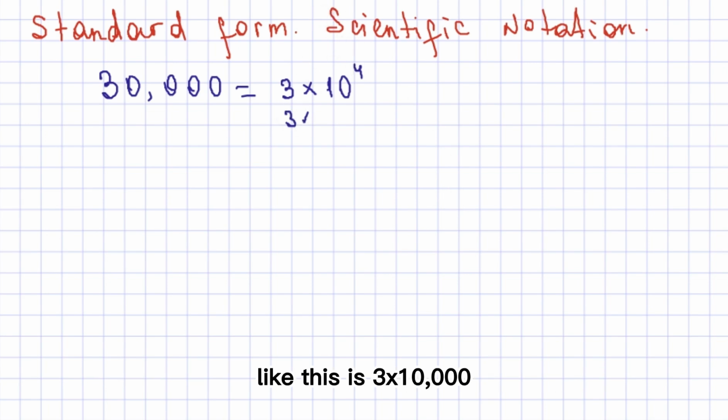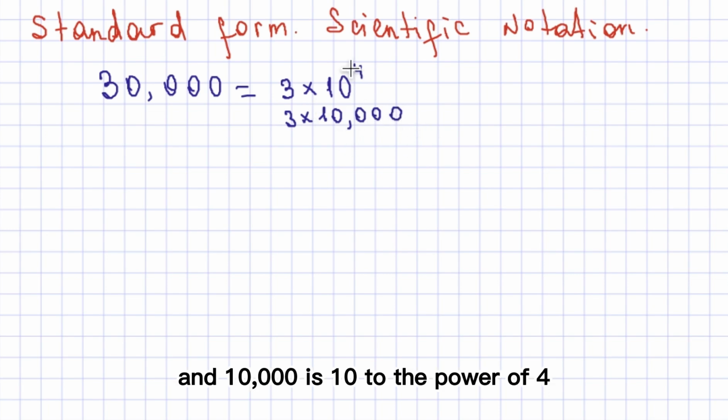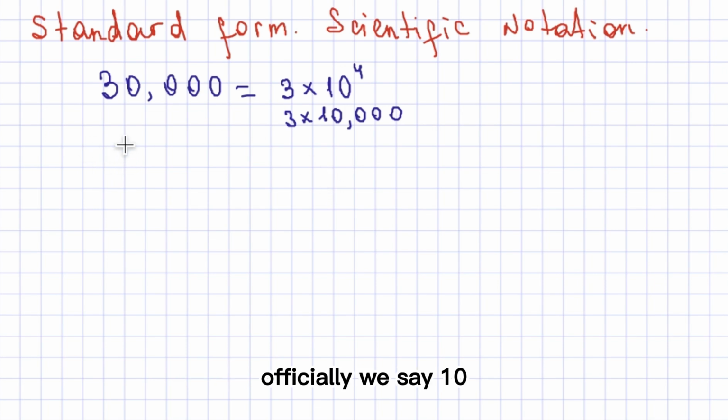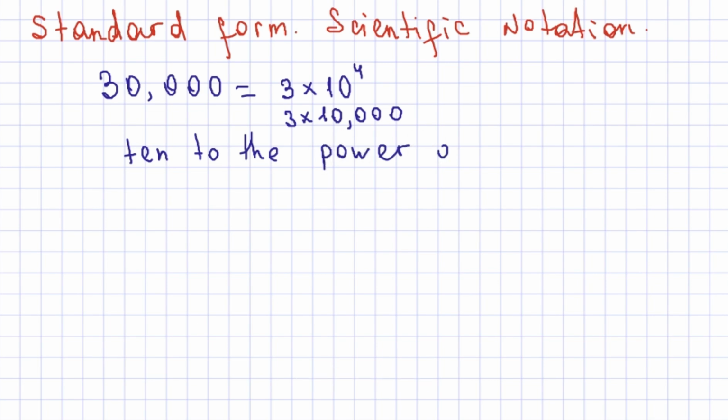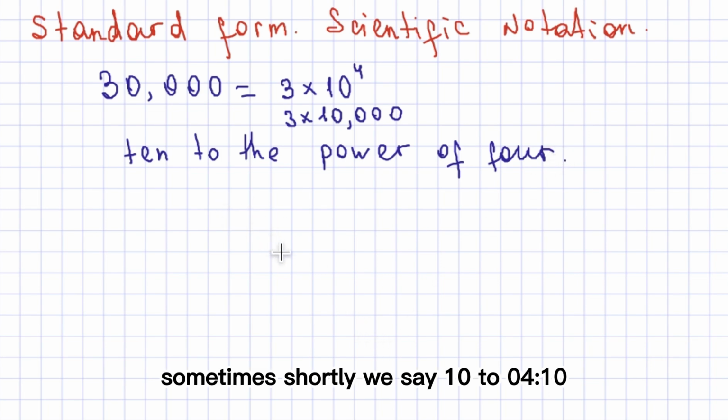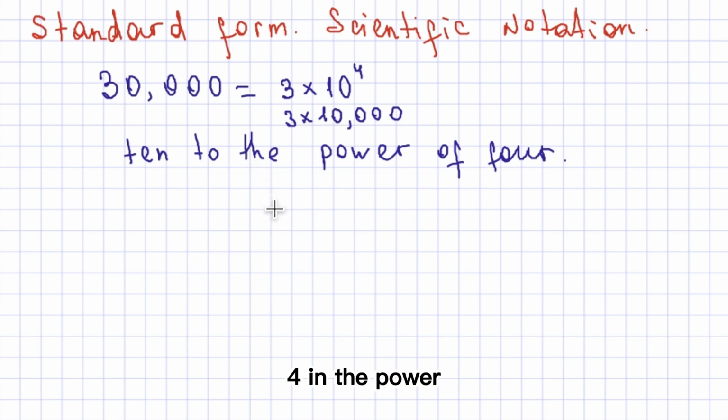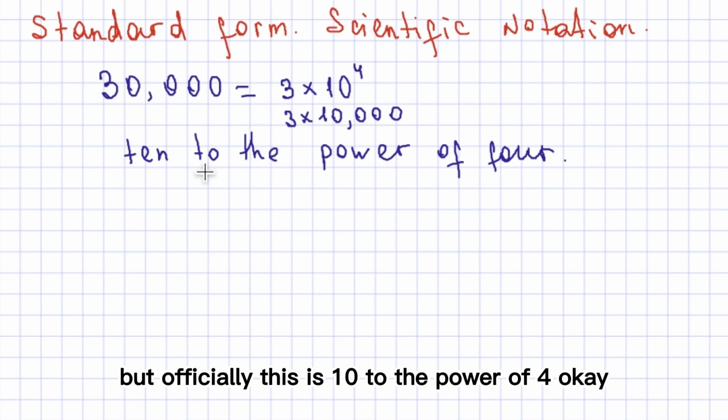This is 3 times 10,000, and 10,000 is 10 to the power of 4. Officially we say 10 to the power of 4. Sometimes we shortly say 10 to 4, but officially this is 10 to the power of 4.